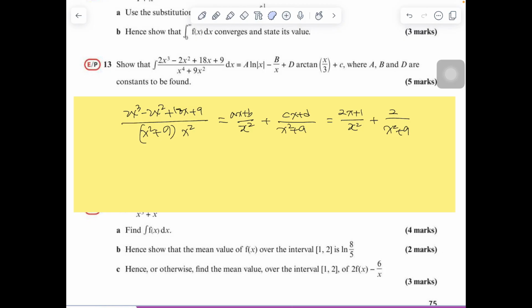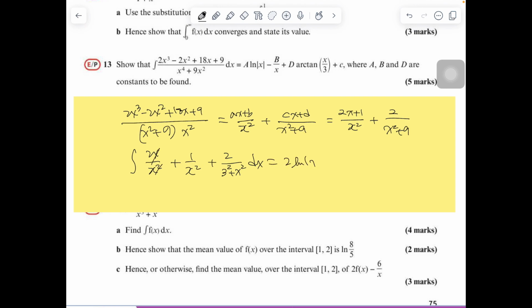The integral of 2x over x squared, which is 2 over x, goes to ln x, plus 1 over x squared is the second term, plus 2 over (x squared plus 9), which will be arctan of x.